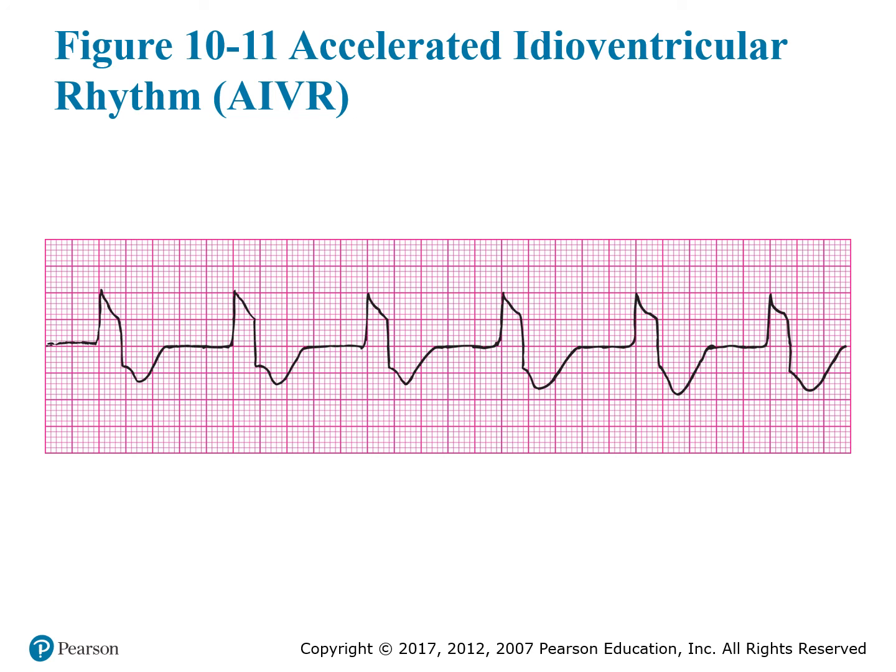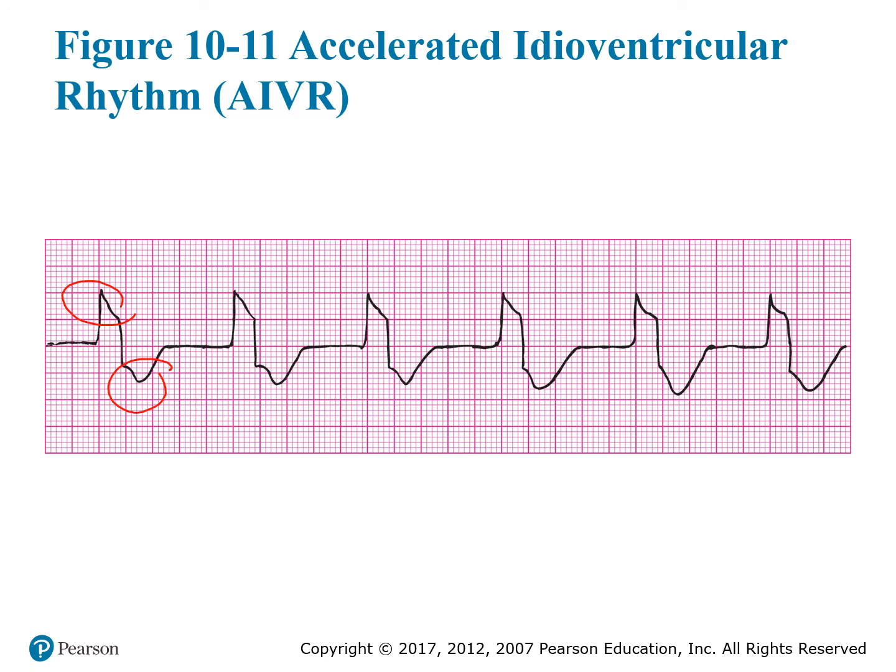There are no P waves, as you can see on this example. Your QRS duration is going to be greater than 0.12 seconds, and your T waves are in the opposite direction, which is yes and yes, as we can see.